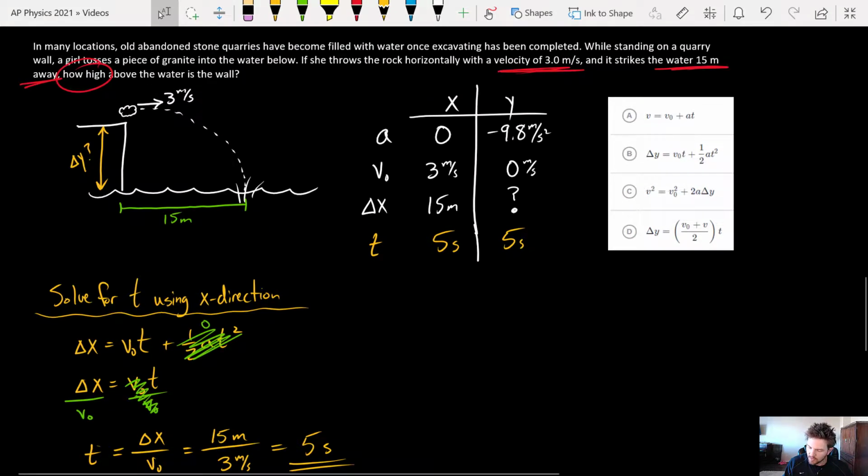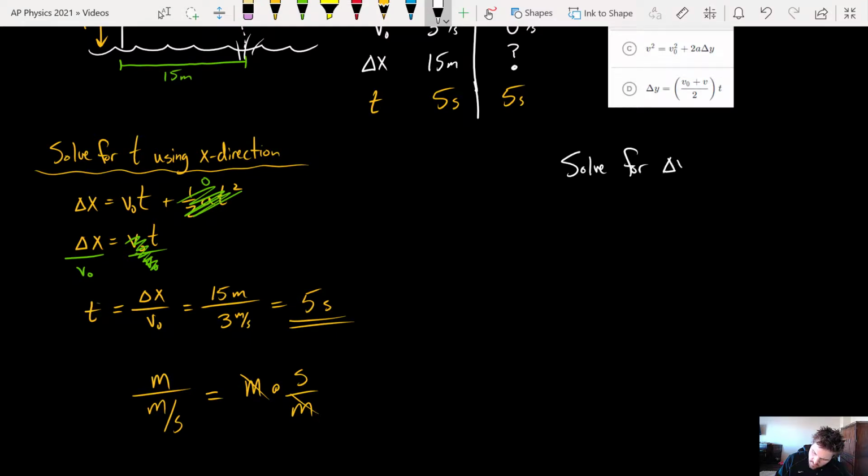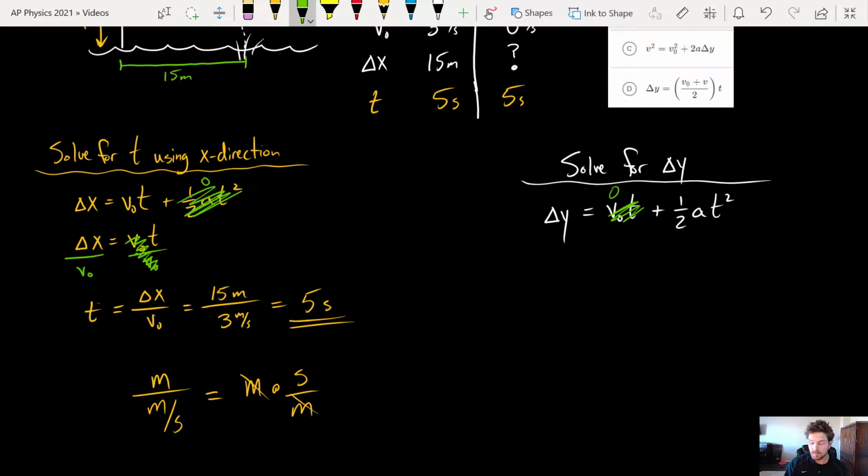Now I know enough in the y direction that I can solve for this missing displacement. I use my equation, 1/2 at squared. I know initial velocity in the y direction is, not always, but in this case, 0. So my equation got much simpler. All I need to do now is plug in my numbers and chug away.